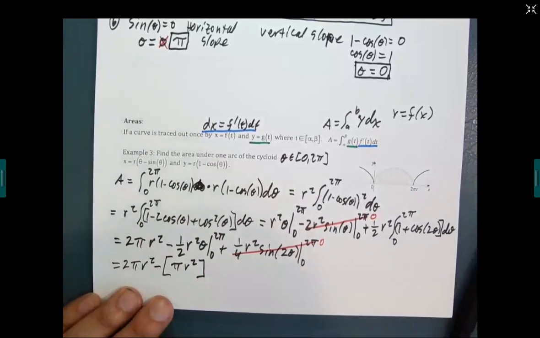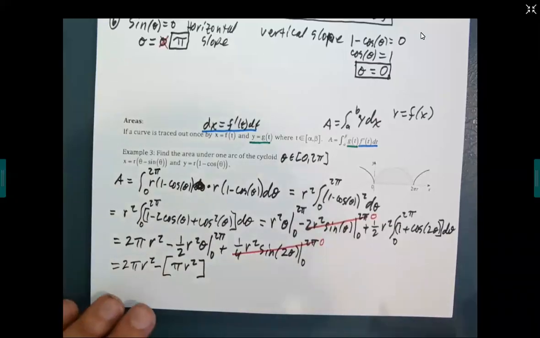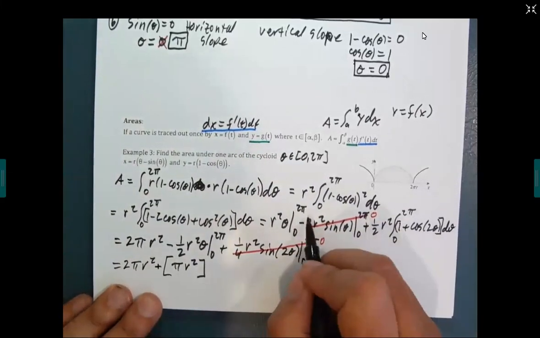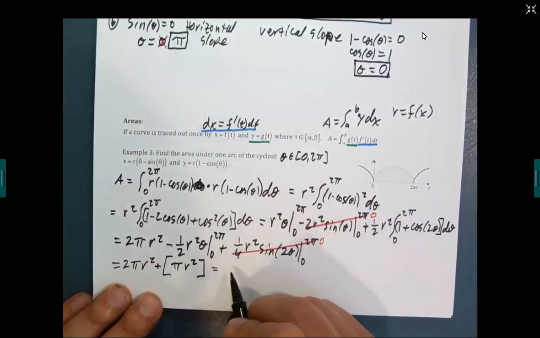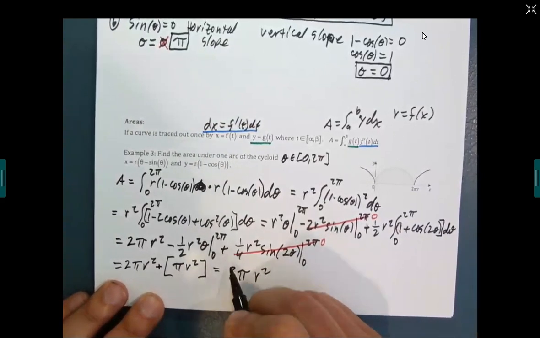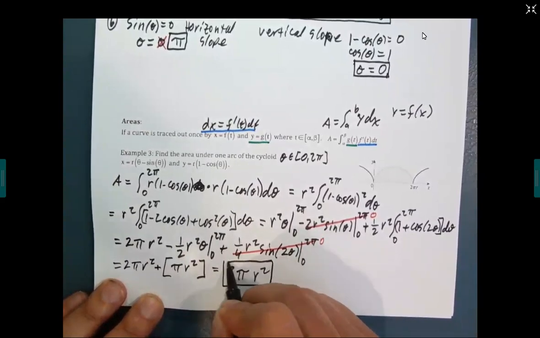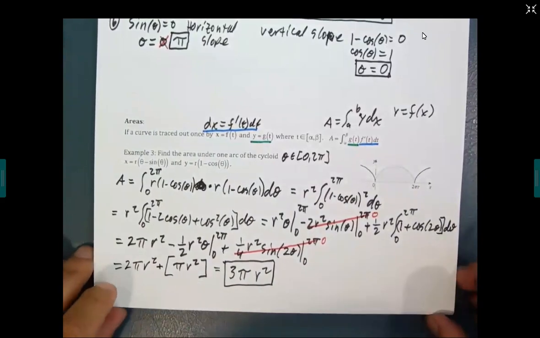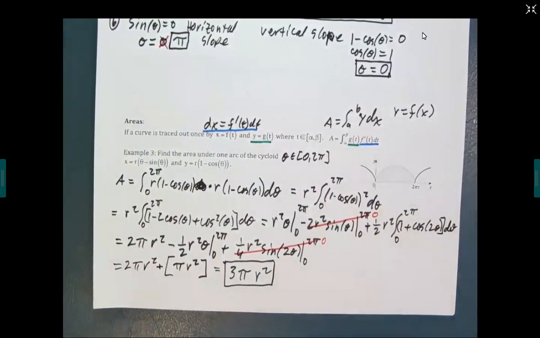And then I'm noticing that should be a plus because there's a plus there. I mistook for that one there. And we end up with 3 pi r squared is the area. So all we're going to need to know what the actual area is of any given one is the radius of the circle that's rolling along. All right, that is the end of part 1.